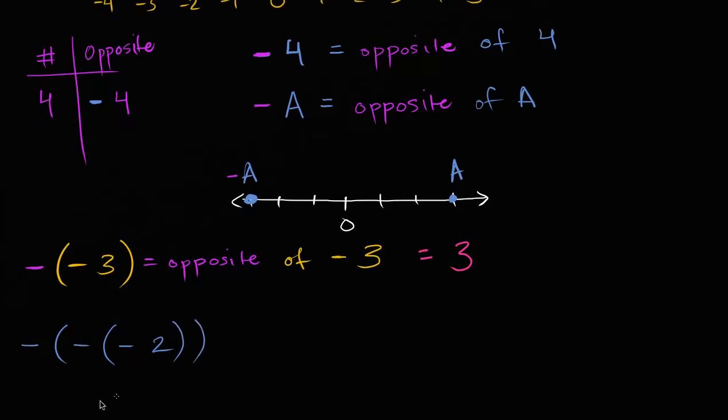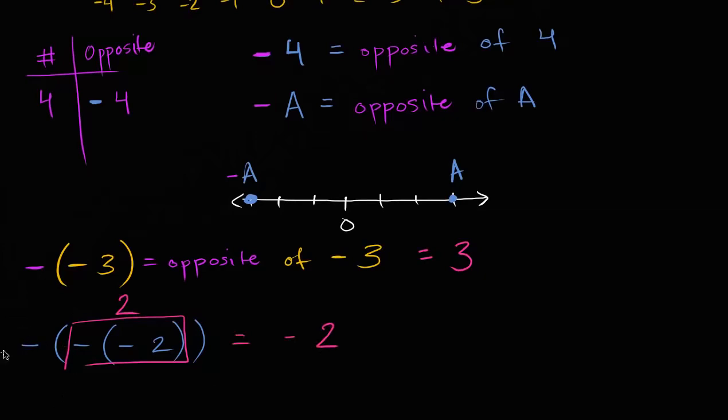Well, this part right over here, the opposite of negative 2, which is really the opposite of 2, well, that's just going to be 2. Every time you say opposite, you flip over the number line. So this flips you over the number line 2 to the left, and then this flips you back 2 to the right. So all of this is going to be 2, but then you're going to take the opposite of 2, so that's going to be negative 2.